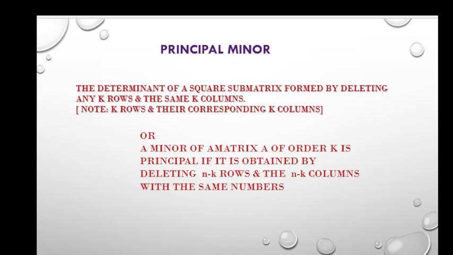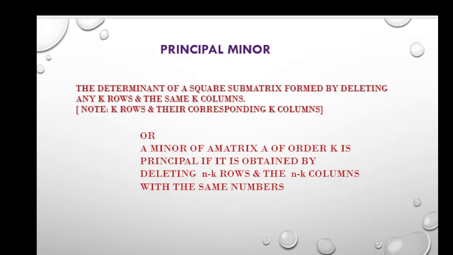Just look at this expression, n minus k. Here n is the order of the given matrix. If we are taking a 3 by 3 matrix, n is equal to 3. And if we are going to find the principal minor of order 1, k equal to 1. If we are going to find the principal minor of order 2, k equal to 2, just like that.